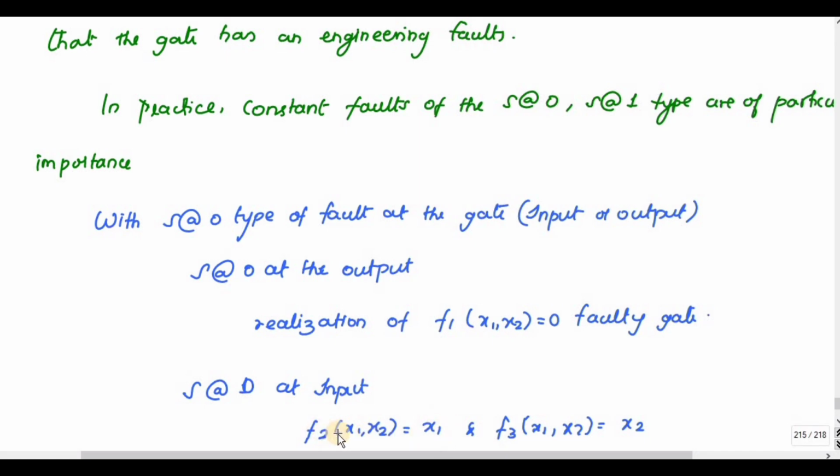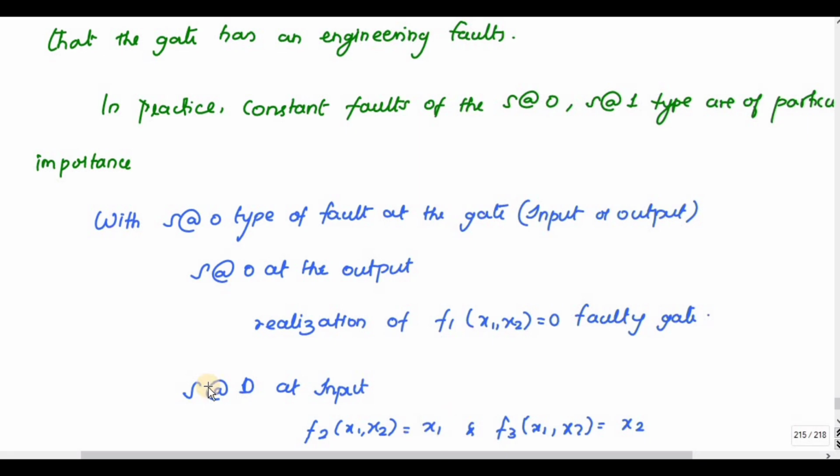So I can write f2(x1, x2) = x1. So instead of 4 faulty models, you can write 6 faulty models.